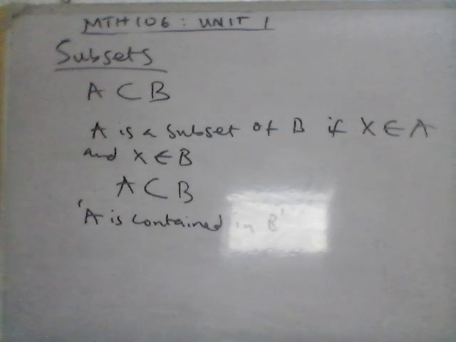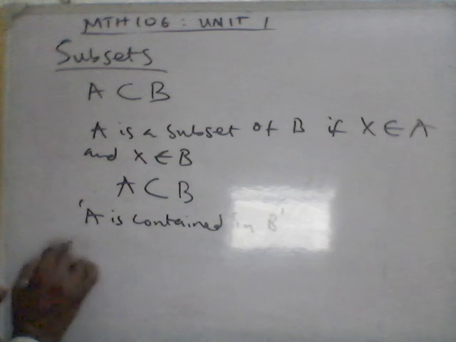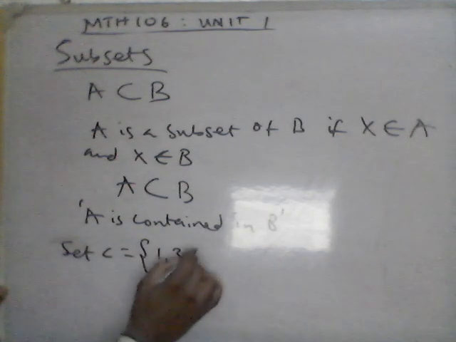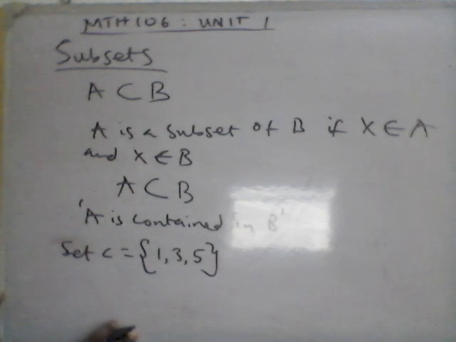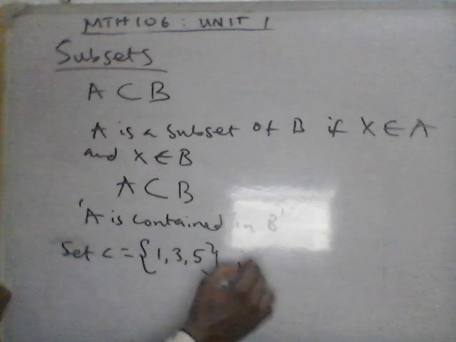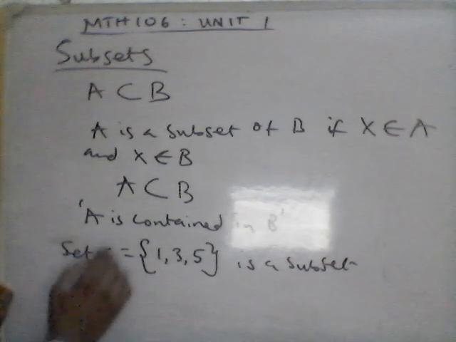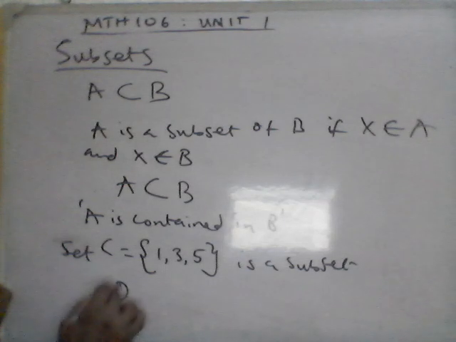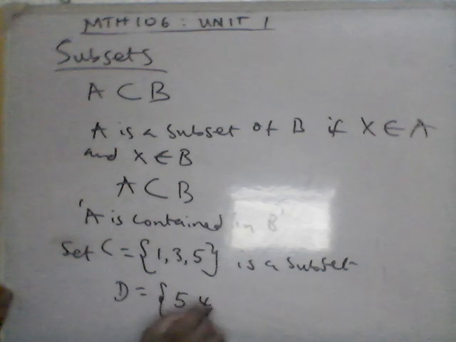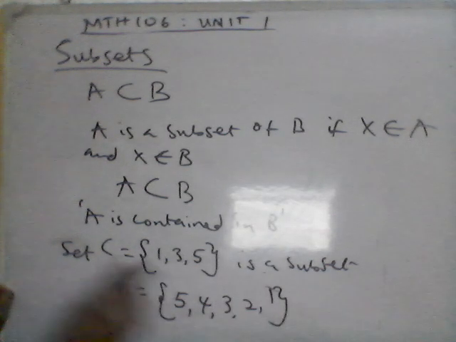So for instance, if I have set C with these elements, is it a subset of set D, where D is equal to 5, 4, 3, 2, 1? You understand? So this is a subset of this.